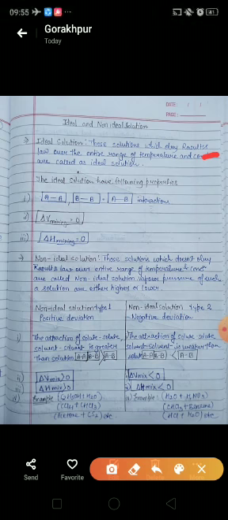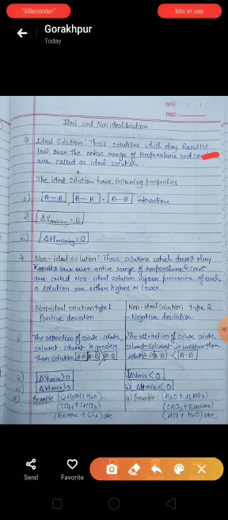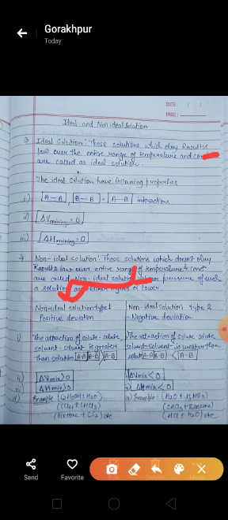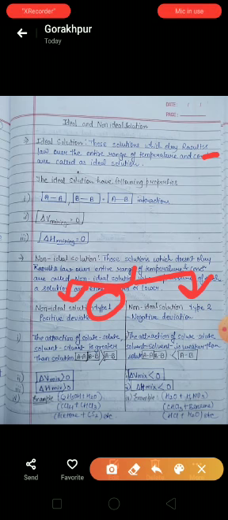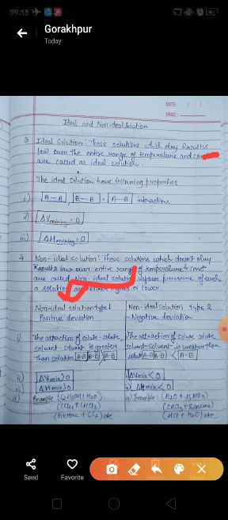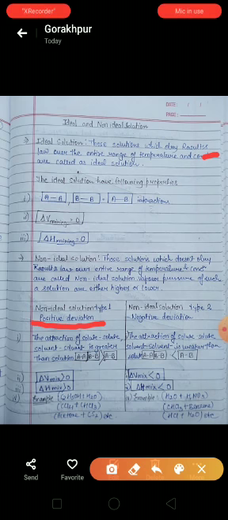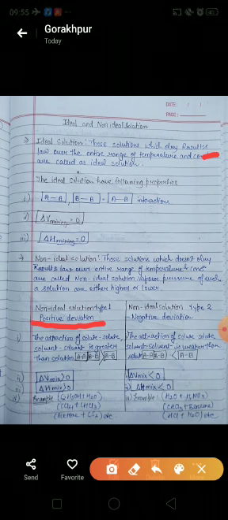The vapor pressure of such a solution is either higher or lower. That is, we can divide non-ideal solutions as type 1 and type 2. Type 1 shows positive deviation, that is, here the vapor pressure of such a solution is higher.